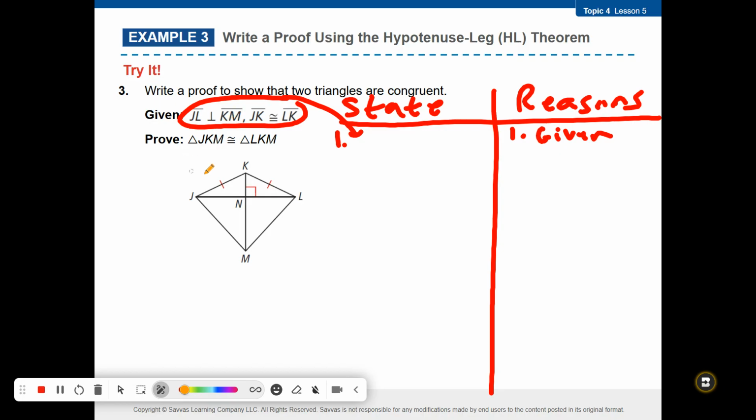So that means I'm going to state that angle KNL and angle KNJ are right angles. And that would be by the definition of perpendicular lines. You can just write it like that, definition of perpendicular, the upside down T, okay?